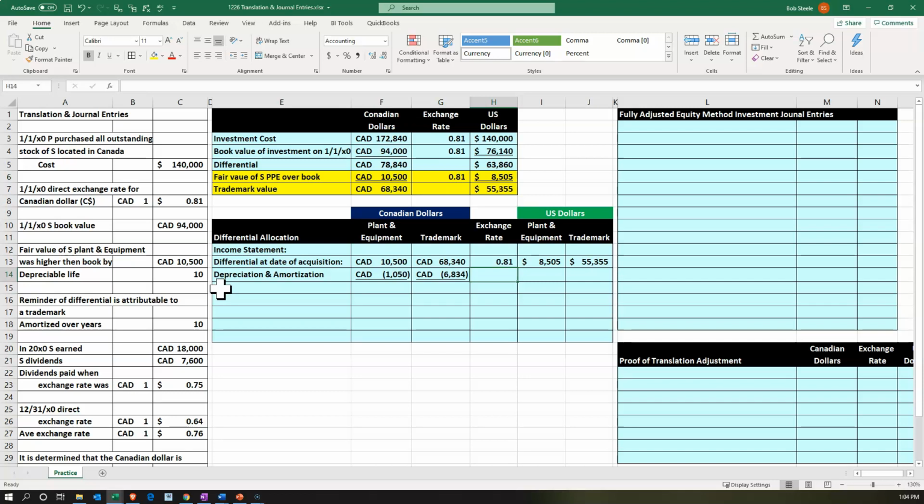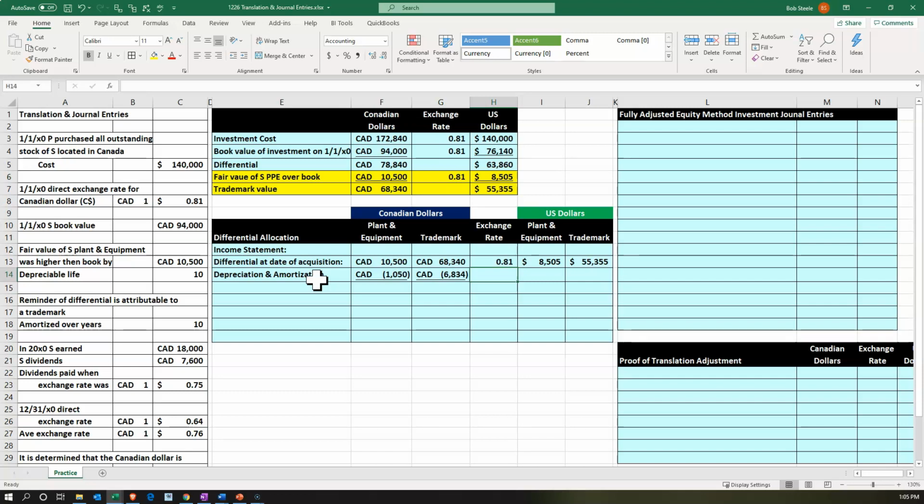Then we're going to be picking up the rate. Now this is where it's a little bit tricky. Notice we've been picking up this rate up top. This rate has been as of the point that the consolidation took place. Now we're looking at an income statement account where we're talking about depreciation and amortization of the differential. So we use the average method on the income statement. This is where it gets a little kind of weird because, again, you might think, well, this is going to throw everything off. Yeah, it will. It's going to lead to this differential translation adjustment that we're going to have because we're using different rates. We had something that's in balance and we're going to translate it with different rates.